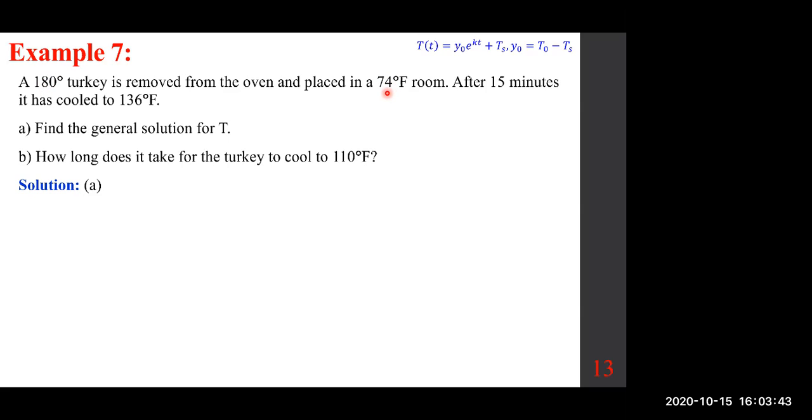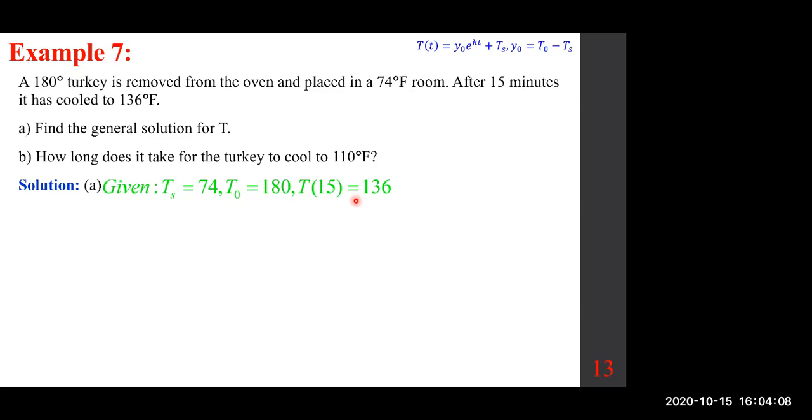After 15 minutes, so t is 15. That means capital T of 15 becomes 136. So let's write all the given. The surrounding temperature, the room temperature, is 74. Originally 180 degrees. 15 minutes later, 136.